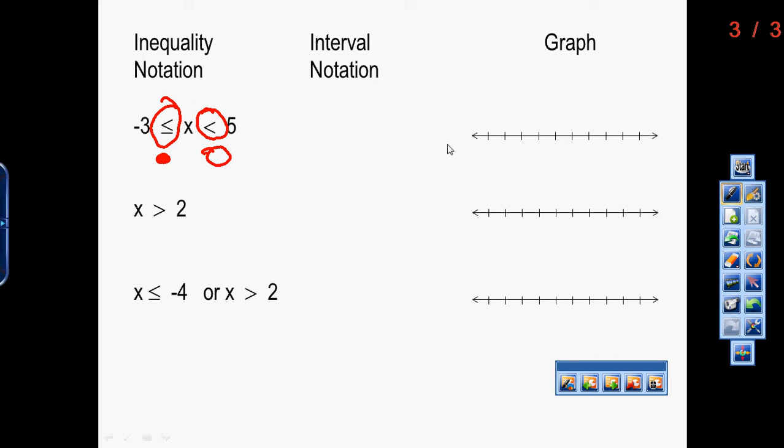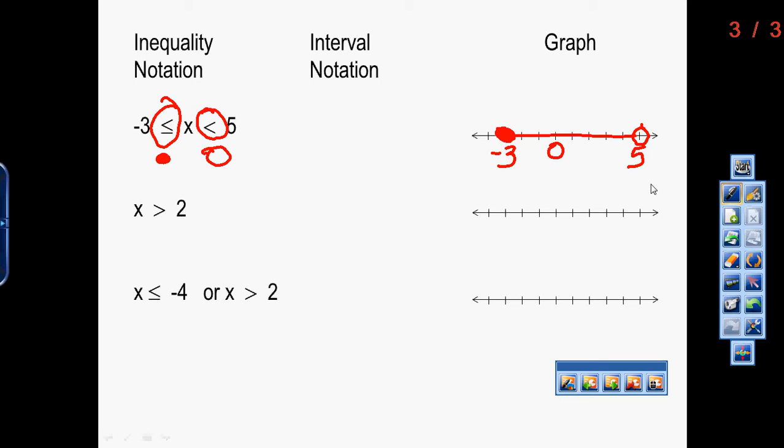So when I go over here and get ready on my graph to graph this, first thing I'm going to do is figure out where 0 is. And then based on 0, I'm going to decide where my -3 and my 5 are. Because my 3 does include, I'm going to bubble it in. It doesn't include 5, so that's going to stay open. And then I'm going to have a line in the middle that connects them.